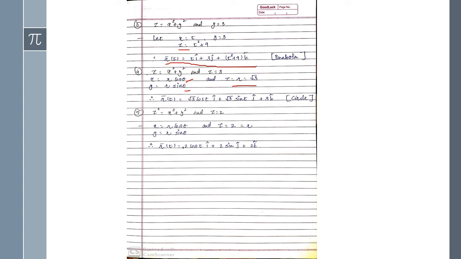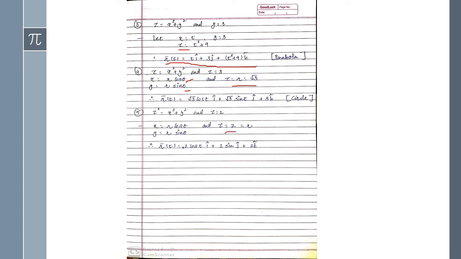The last one is given as z square equals x square plus y square and z equals 2. Now this one is the same as the fourth one. Z is given as 2, so r equals 2. X square plus y square means x equals r cos t and y equals r sin t.